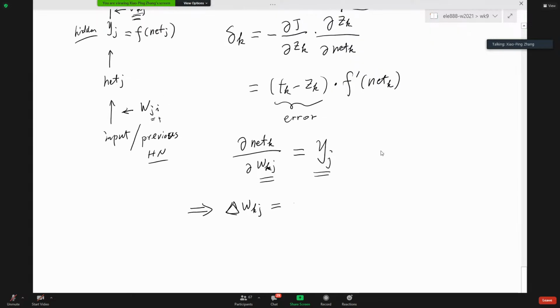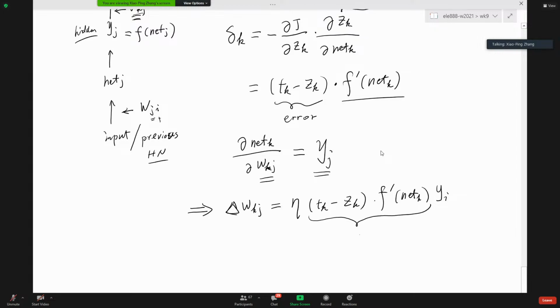If we put it all together, eta times tk minus zk times yj. We still need to do this, sorry, times f prime net k times yj.